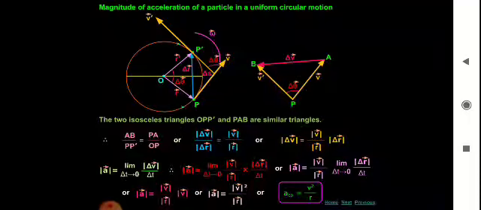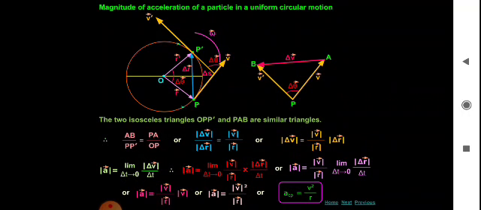So AB side divided by P to P dash is equal to PA divided by OP. Or we can write AB, which is the modulus of vector delta V, divided by PP dash, which is the modulus of delta R vector, is equal to PA, which is equal to modulus of vector V, divided by OP, which is the modulus of vector R.